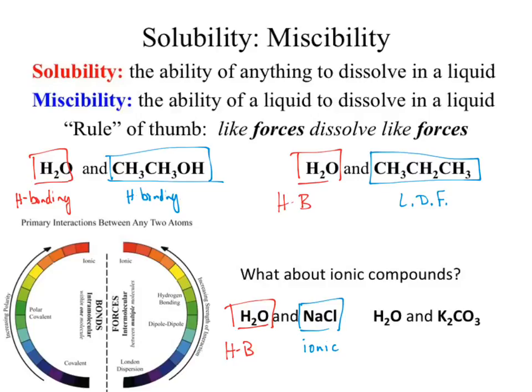Okay. What happens the other direction? What if we said water and hydrogen bonding and a compound that had dipole-dipole as a force? Well, now what? Miscible, immiscible? The weird frowning face, I don't know, is a good answer.